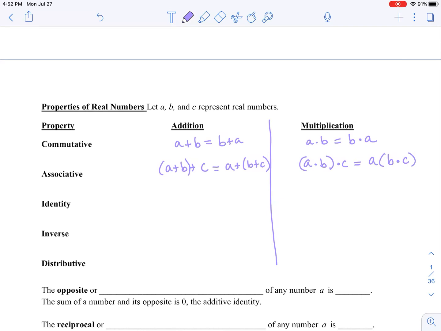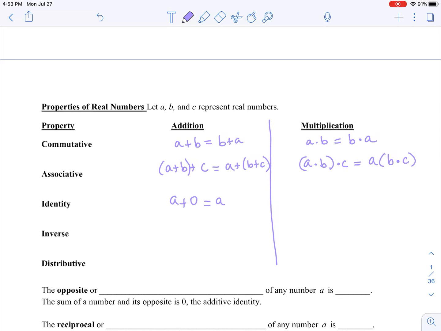The identity property, with addition or multiplication, asks what can you do to a number such that when you apply that operation, you maintain the same value A. So what can you add to A and still get A? Well, that value is 0.